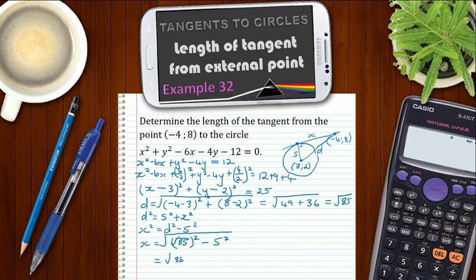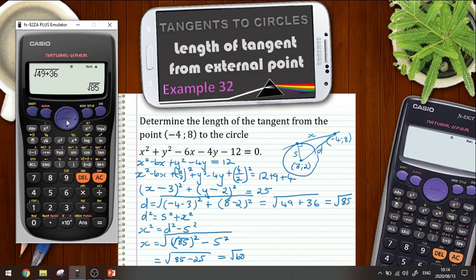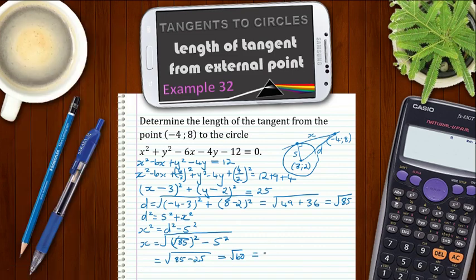So this is 85 minus 25, and then this is 60, square root of 60. Let's just see if that's in its simplest form. So the square root of 60 is 2 square root of 15. Okay, so that is then the length of the tangent from the point minus 4, 8 to the circle.